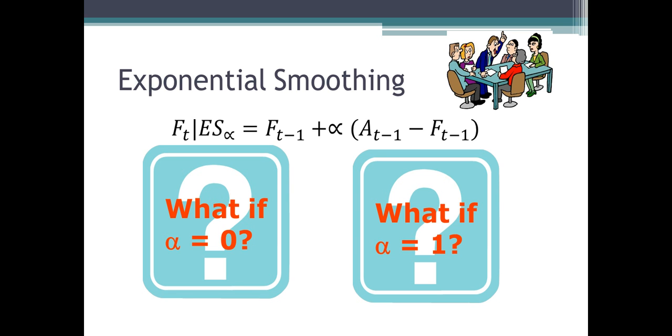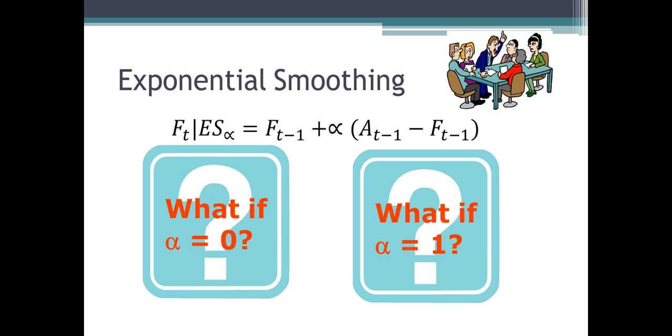And on the other hand, if alpha is equal to 1, look at that. It becomes Ft-1 plus At-1 minus Ft-1. So your forecast for this period is your actual value for the last period. And we have a name for that. The name is the naive method.